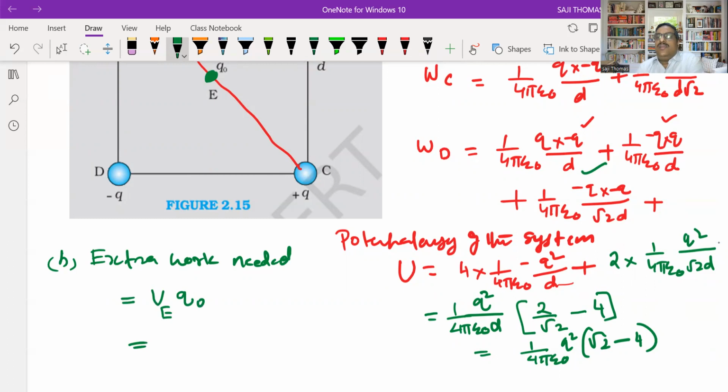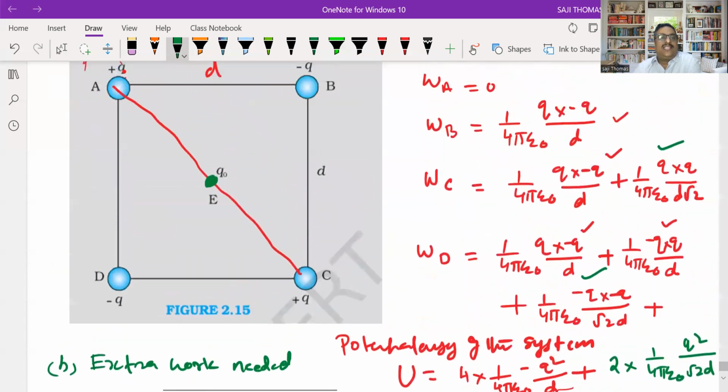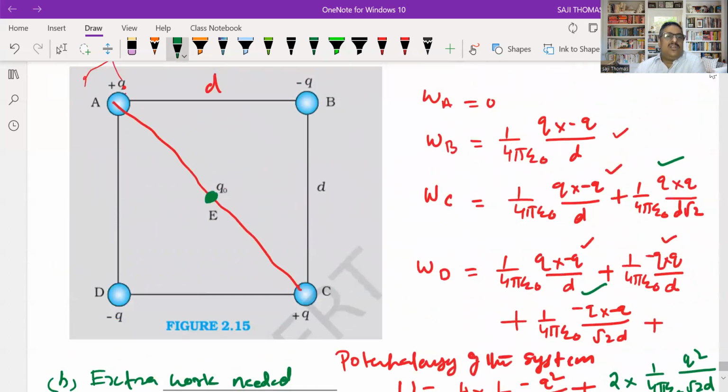See, you have to calculate the total potential. There will be potential due to the 4 charges at the center of the square E. You can see the distance from one corner to the center is R. All this distance is R only, the same distance.